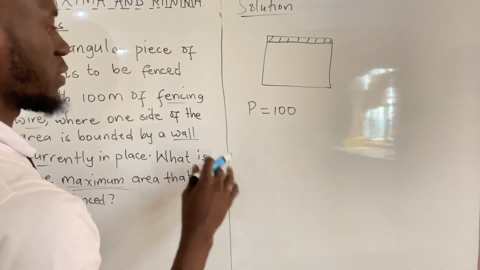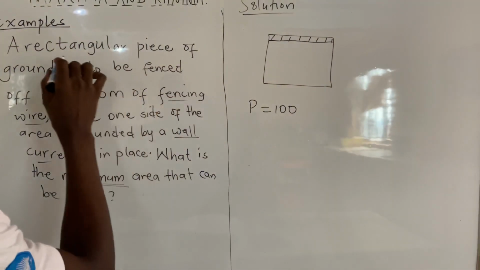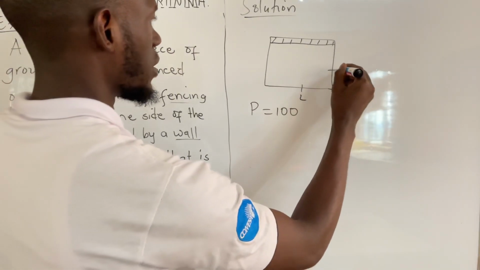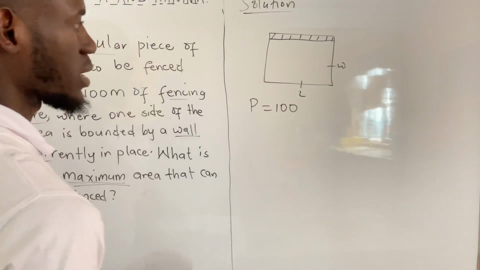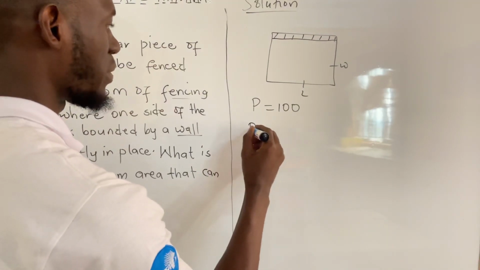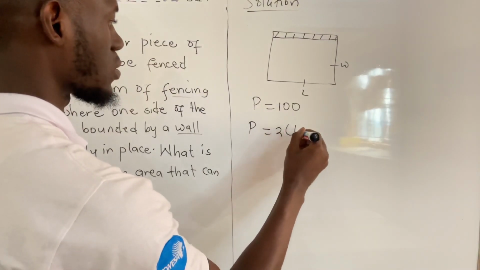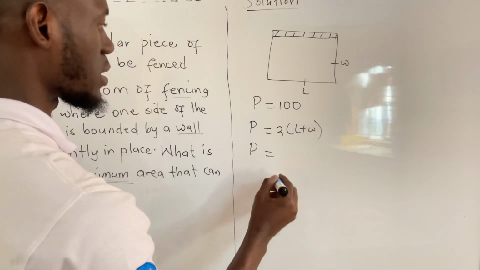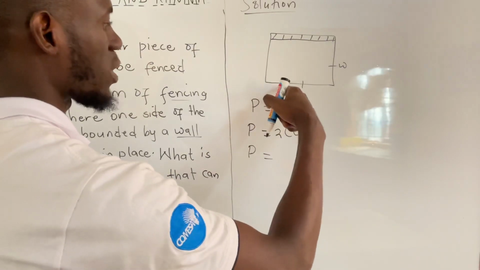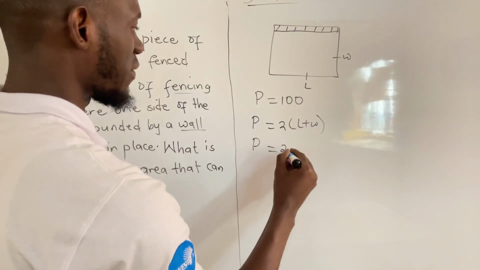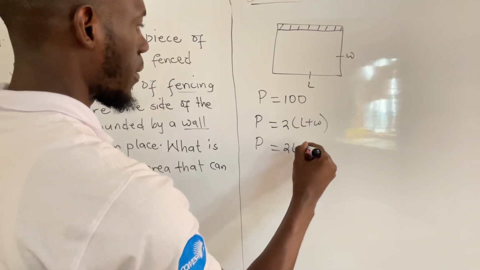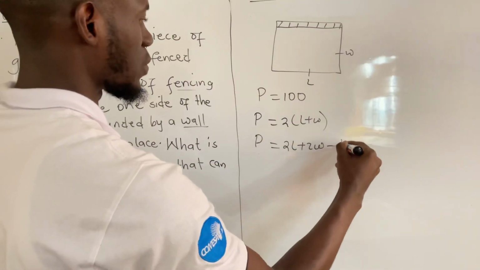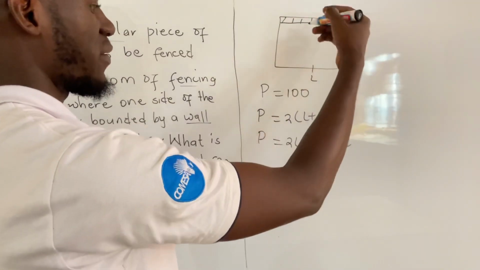Now we know very well that a rectangular piece of ground will have a length and a width. From the formula, perimeter is equal to twice length plus width. Since one side of the length is already there, we have 2L plus 2W minus L, because it is already available.